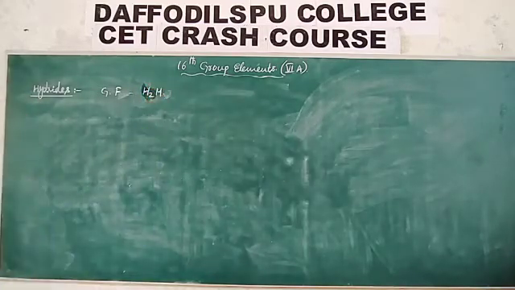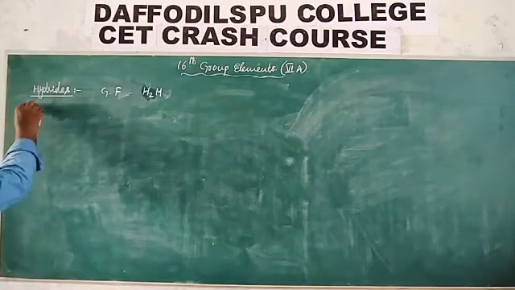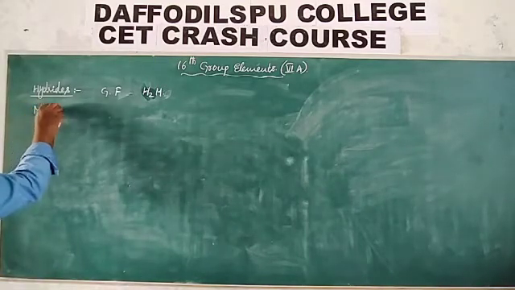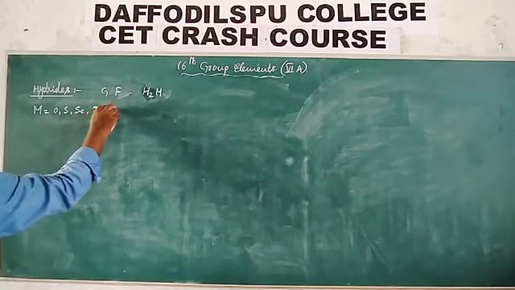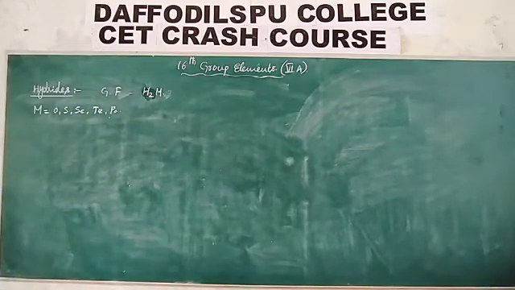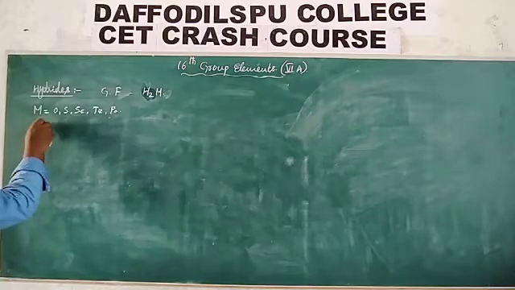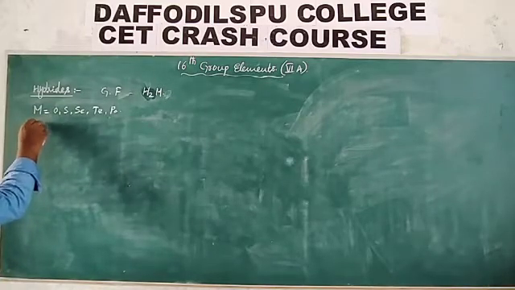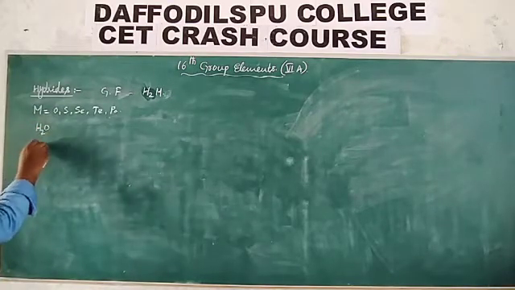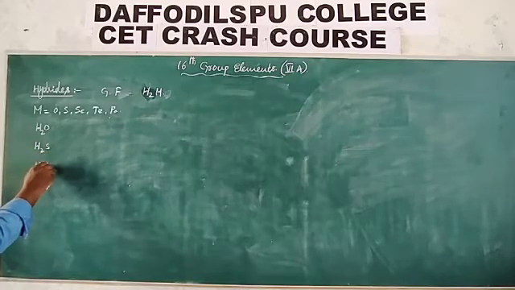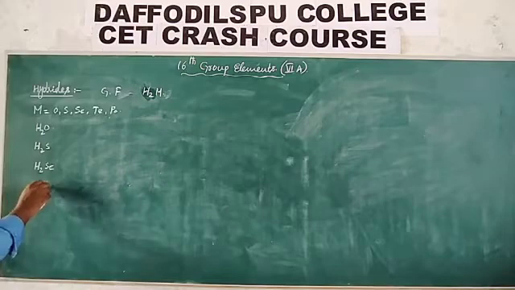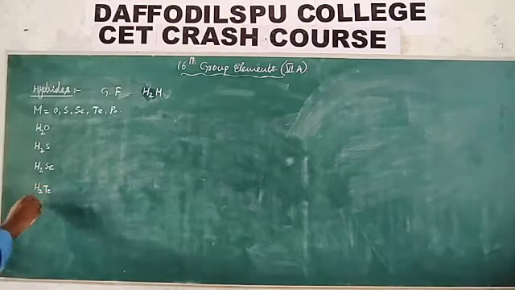Here M is the 16th group element. So instead of M, if you put oxygen, it becomes H2O. If you put sulfur, it becomes H2S, H2Se, H2Te, and H2Po.